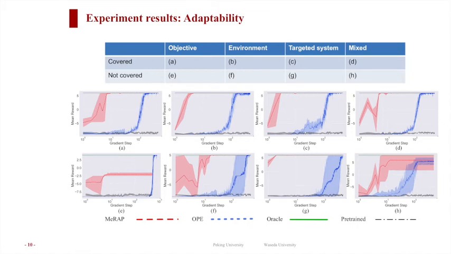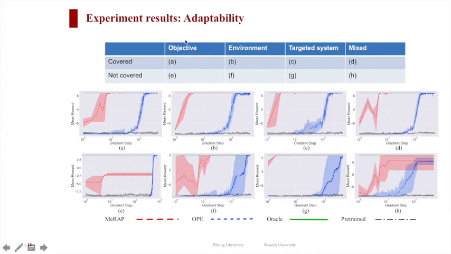To better show the adaptation process, the x-axis uses a logarithmic scale in this picture, and A, B, C, D are the offline cases that cover the real environment and system dynamics, and E, F, G, H are the offline cases that do not cover the dynamics.